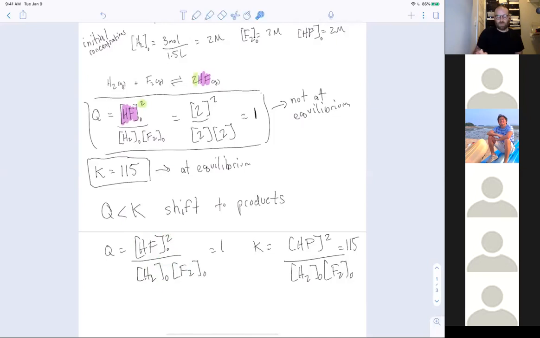Which of these numbers needs to get larger in order to have this expression for Q end up equaling K? So when Q is less than K, let me say it a different way.